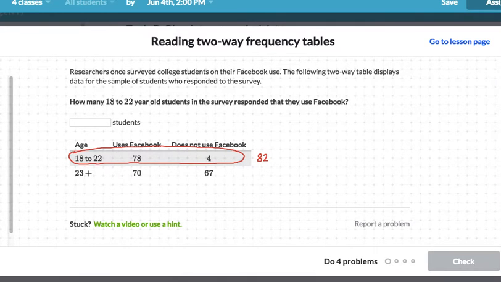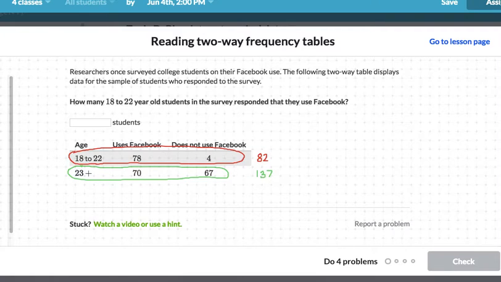Another thing we can gather is that for the age group of 23 plus, we have 70 students who used it, 67 who didn't. 70 plus 67 is 137. So we know that there were 137 students in the 23 plus age range.